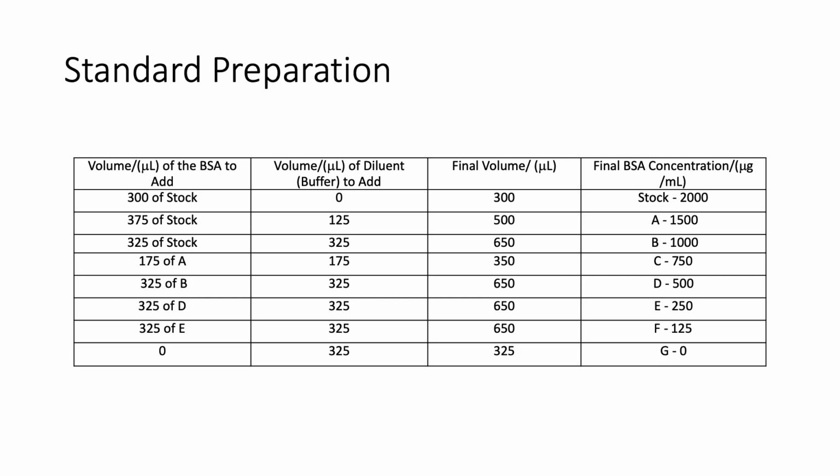The side chains could be charged, and that will impact their interactions with each other. So you want to make sure that the pH is correct so that your protonation states of all of your amino acids are what they should be in terms of a physiological pH. So you'll dilute your BSA with buffer, and then you will have a bunch of different standards at varying concentrations, and then you'll have one where you don't add any BSA and it's just the buffer, and that will serve as your blank.